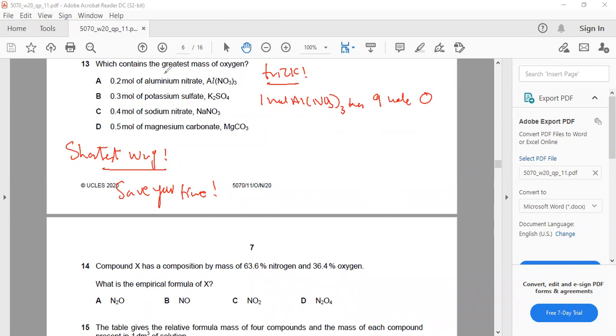So 0.2 is how much? There is no need to use a calculator. Why? Because the moles of aluminum nitrate are given. 1 mole aluminum nitrate has 9 moles oxygen, and 0.2 mole aluminum nitrate has x, like you usually do in maths.